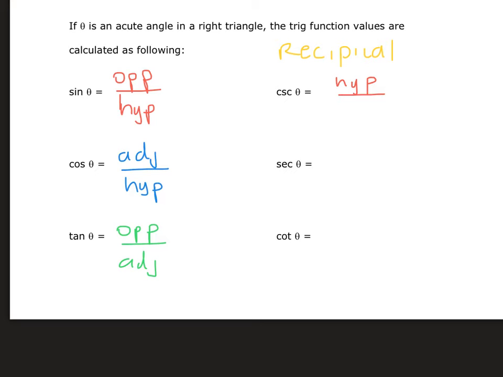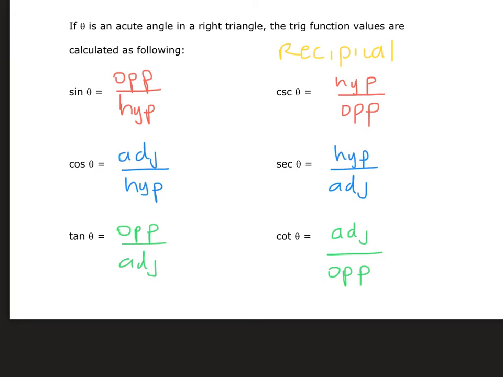So cosecant, CSC, is hypotenuse over opposite side. The secant is the reciprocal trig function for cosine, so it is hypotenuse over adjacent. And cotangent is the reciprocal trig function for tangent, so it is adjacent over opposite.